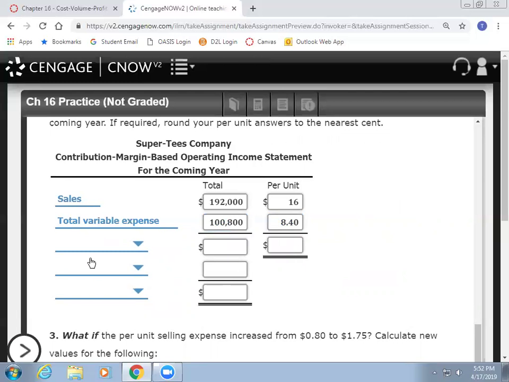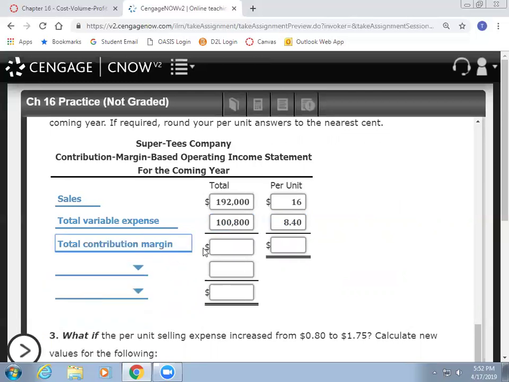Then we subtract, and that gets us our total contribution margin: 91,200. We already calculated per unit $7.60. So sales minus total variable expense equals our contribution margin.